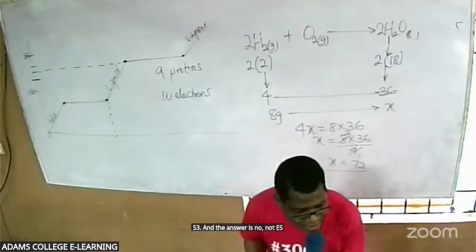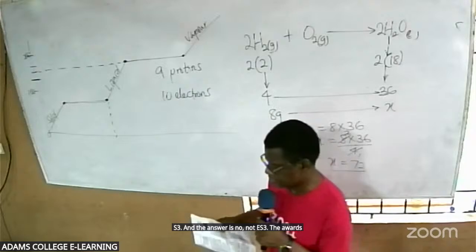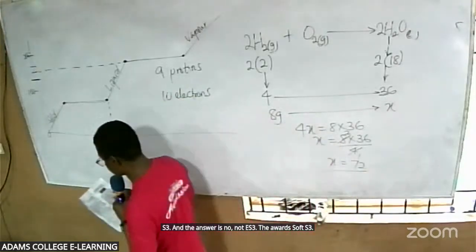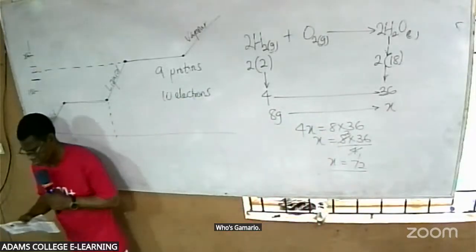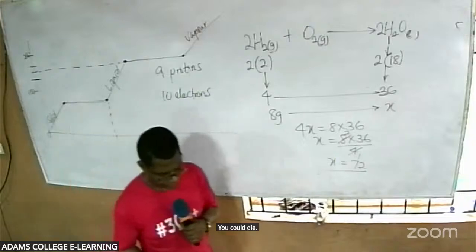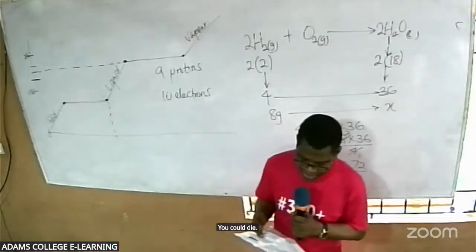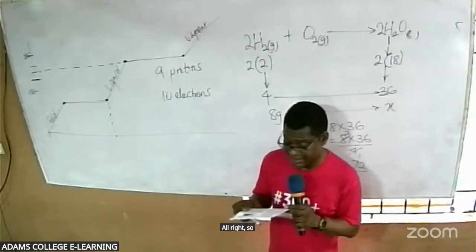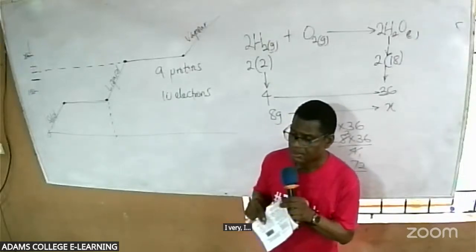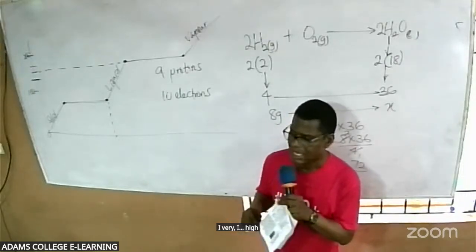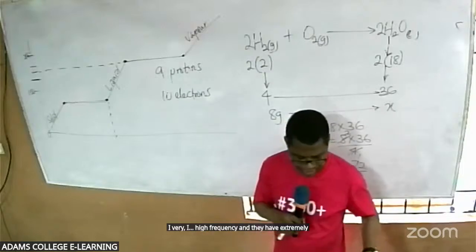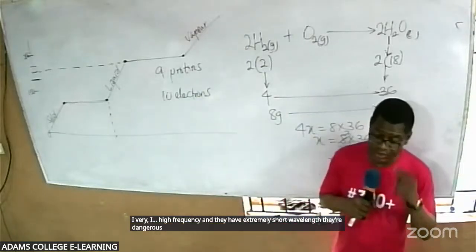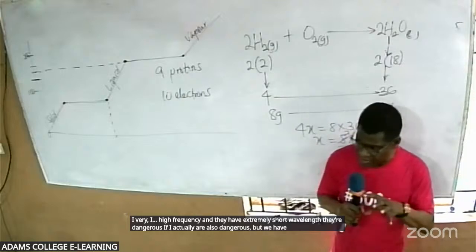It is soft X-ray. Don't use gamma ray, you could die. Number 7. Gamma rays are dangerous. They have very high frequency and extremely short wavelength. Infrared and X-ray are also dangerous, but we have soft X-ray that can be used.